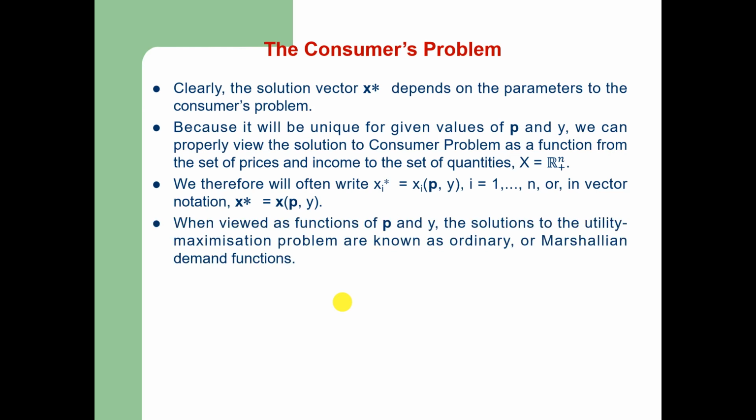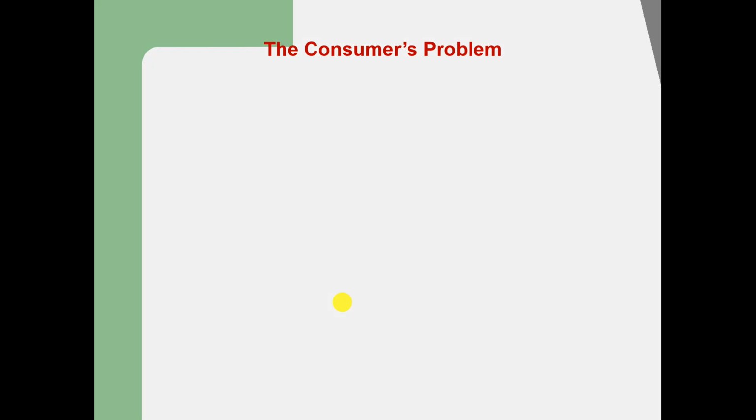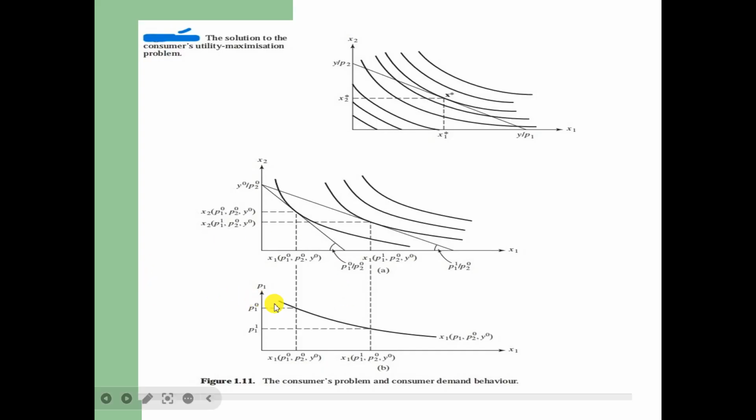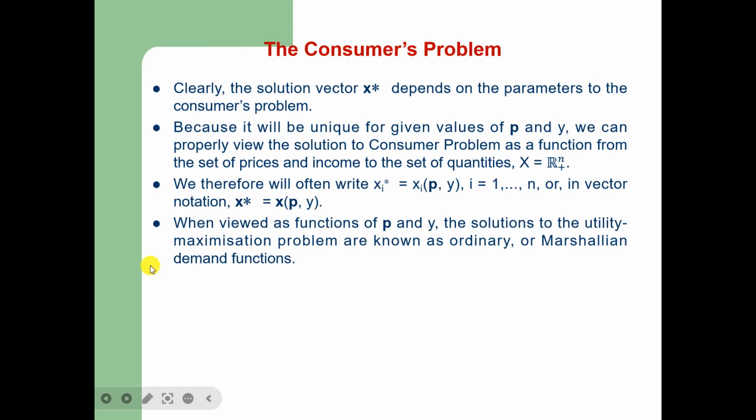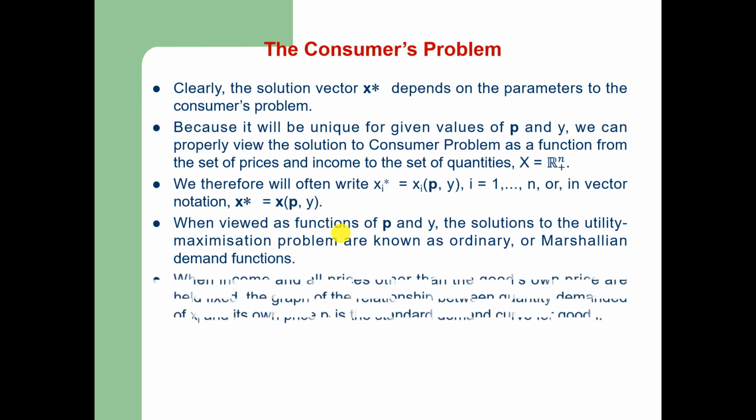When viewed as functions of the price vector and the consumer's income, the solutions to the utility maximization problem are known as ordinary or Marshallian demand functions, as I just showed you in the previous slide. This is how we derive the Marshallian demand curve. So the next slide shows exactly the same thing.